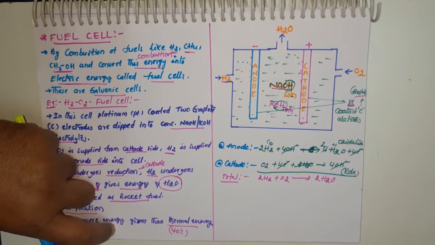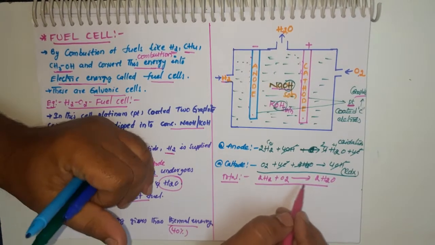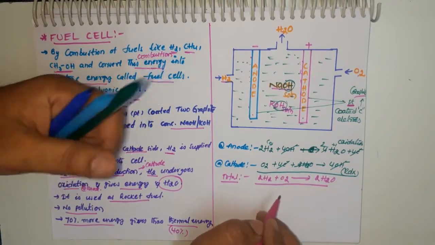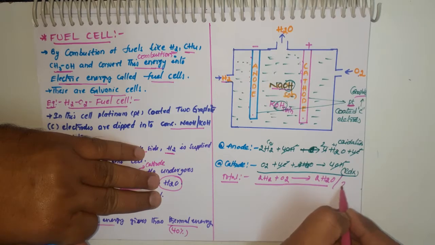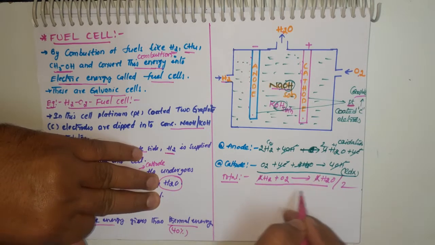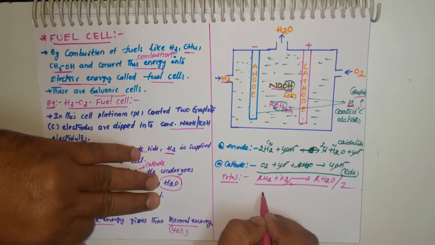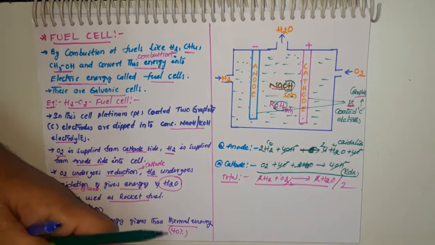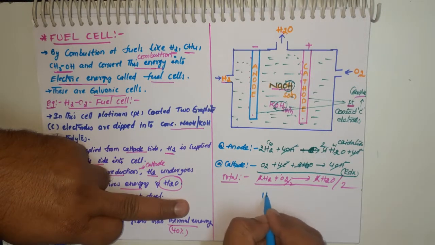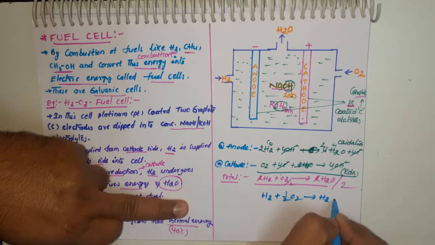Okay, students, here what happens? 2H2 plus O2 gives 2H2O. When we divide it by 2, the 2 is cancelled. We get H2 plus half O2 gives H2O.